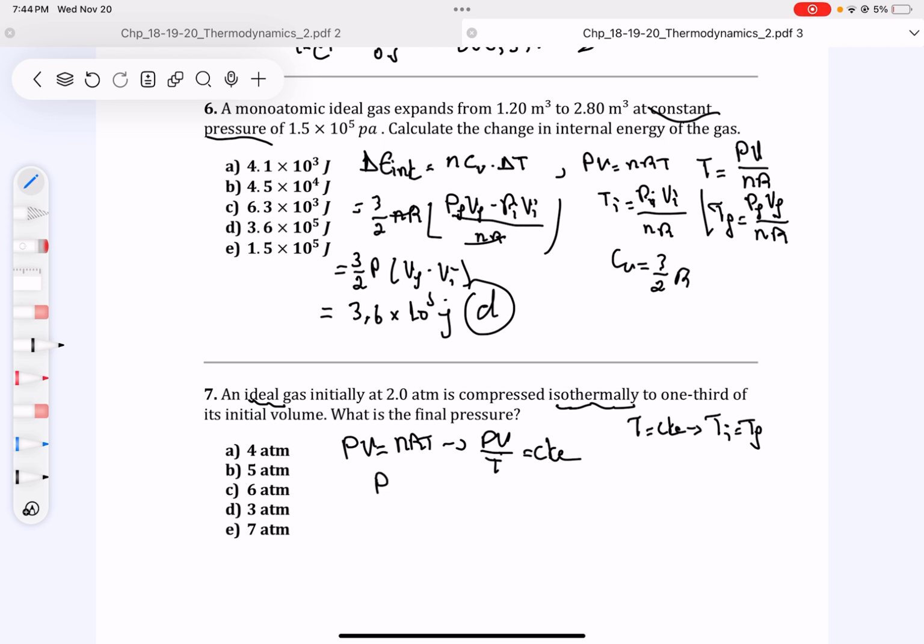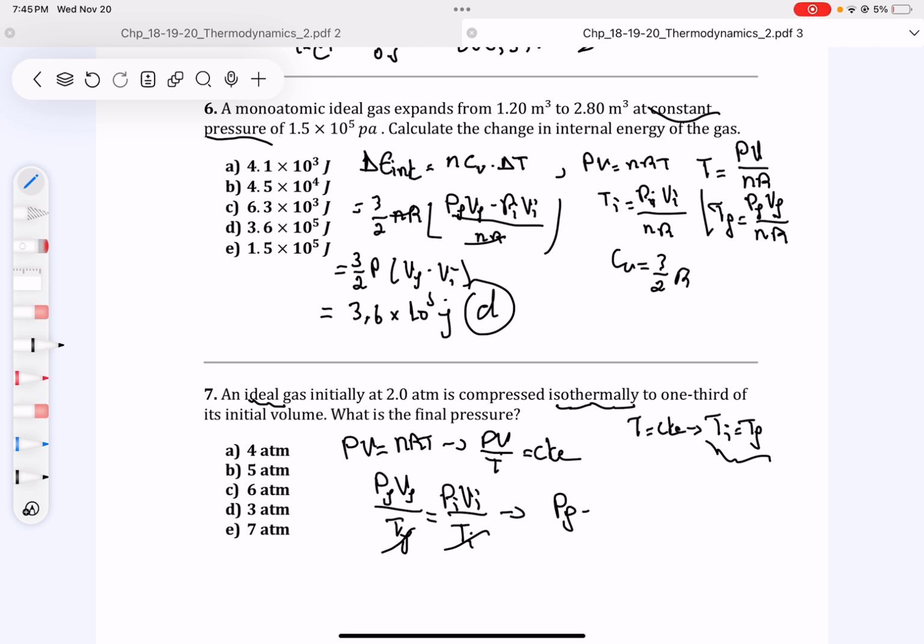Then here P final, V final over T final is equal to P initial, V initial over T initial. But what we said here, T initial and T final are the same. We can simplify it. We can get what we need. We need P final.